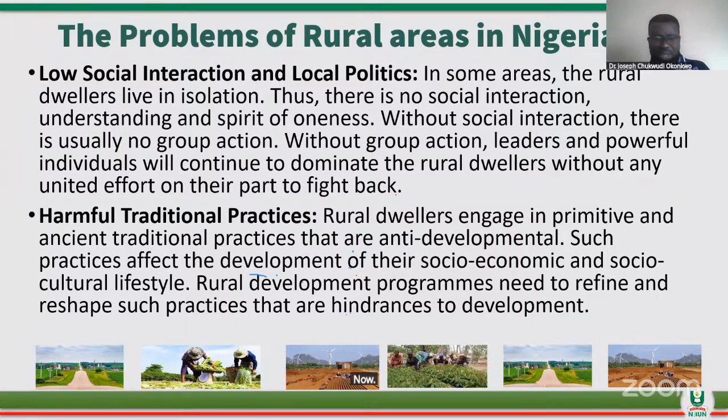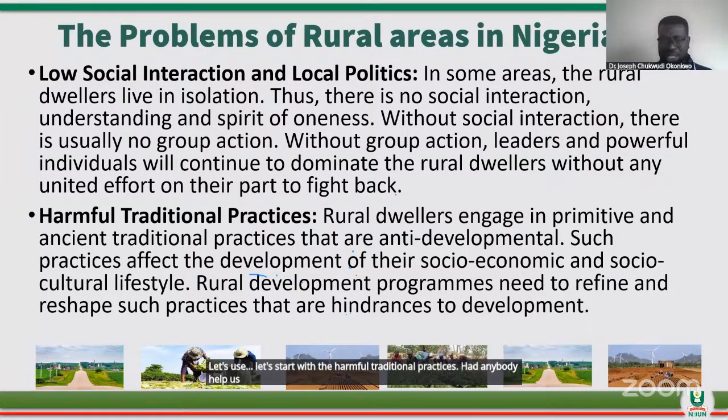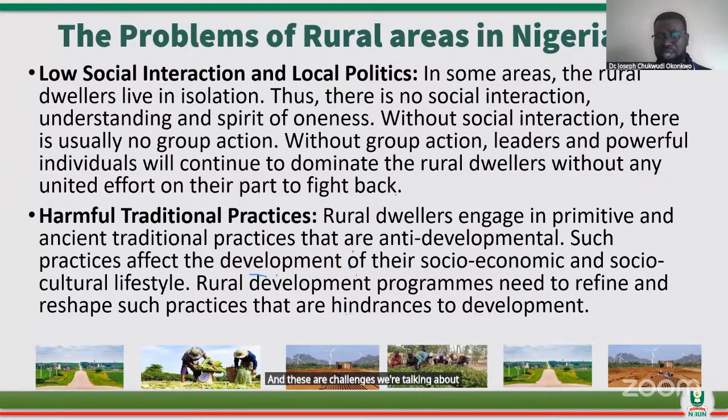How can government help in this situation? Let's start with the harmful traditional practices. Can anybody help us if you understand this topic and these challenges that rural areas have?